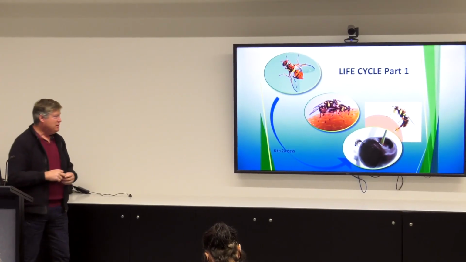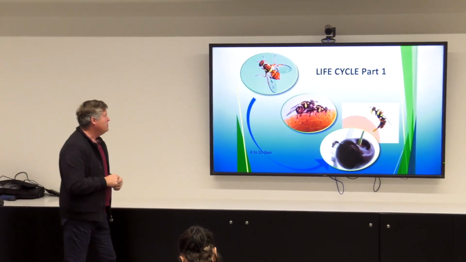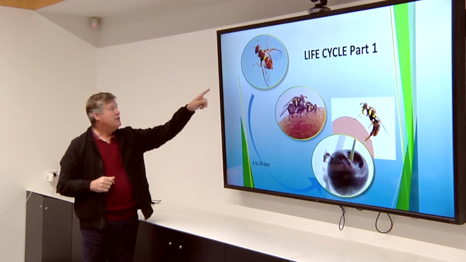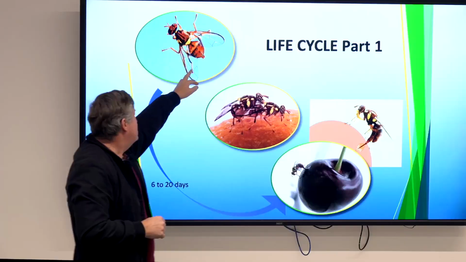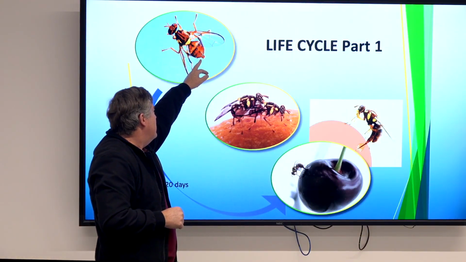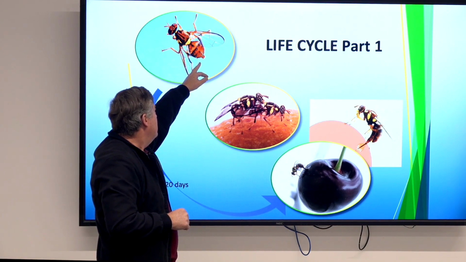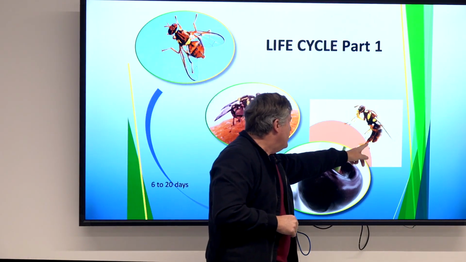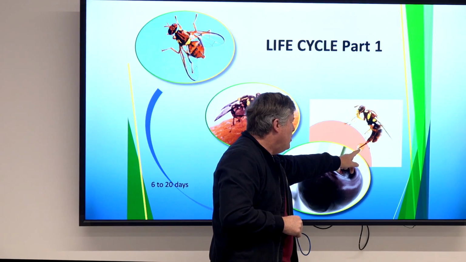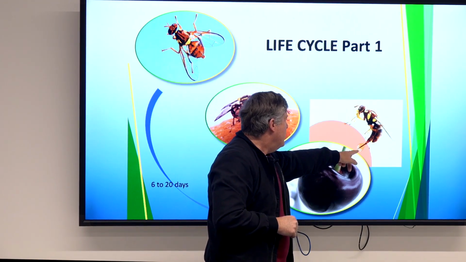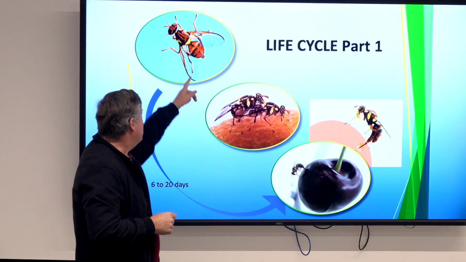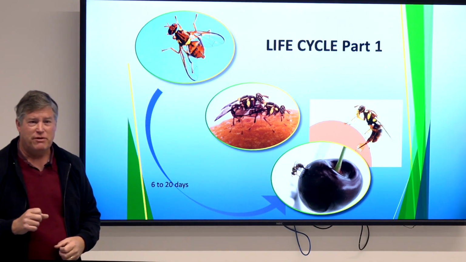So how does it all happen? This is the start of their life cycle. This is a Queensland fruit fly female. You can tell by this scape, a sheath, from which she extrudes her ovipositor or stinger, and that stinger can actually extend from the base of her body another 4 to 5 millimetres.